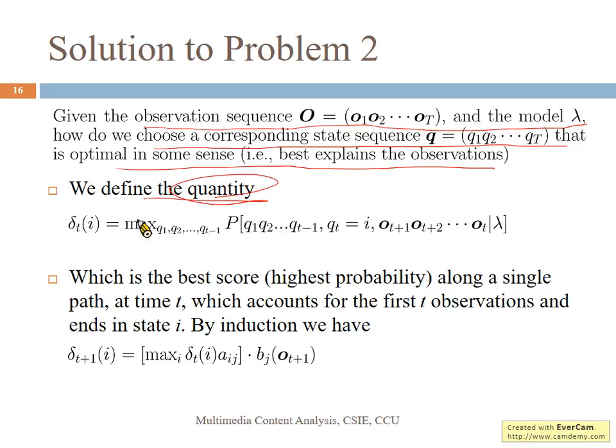Now we define the quantity delta t(i). Delta t(i) is the maximum of the probability. What probability?